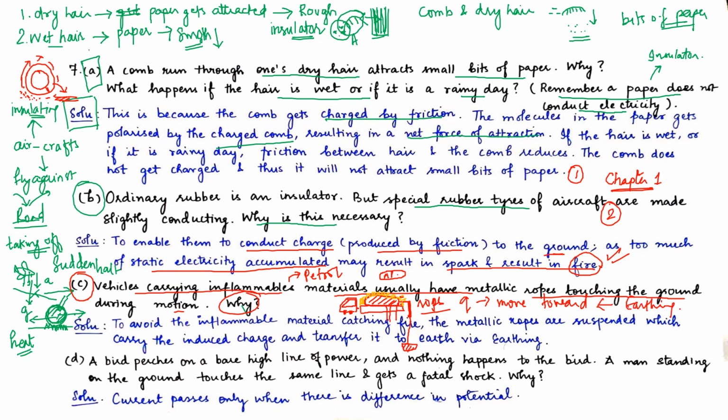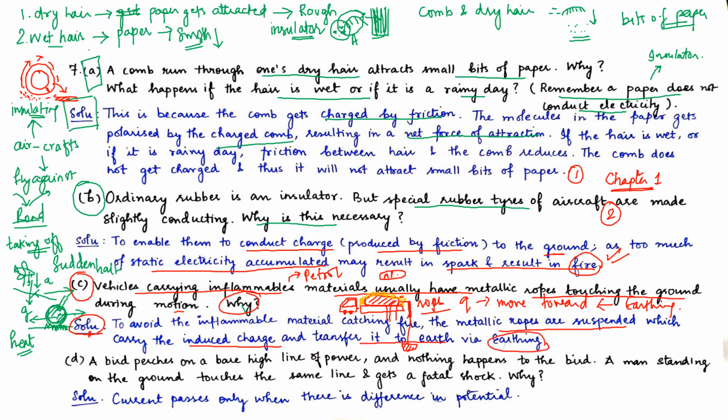For the inflammable carrying vehicles. Now we will see the solution. To avoid the inflammable material catching fire, metallic ropes are suspended which carry the induced charge and transfer it to the earth via earthing.